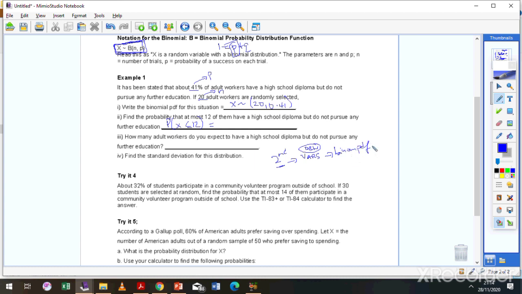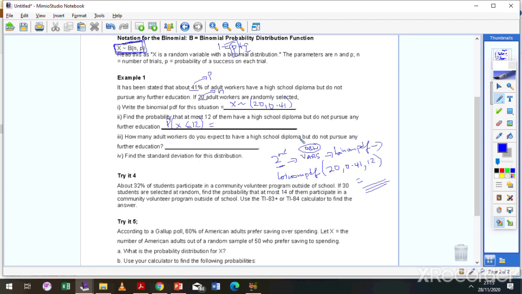If you push that, hit enter, it brings you to a screen that says binomial PDF, open brackets, then you put in the number of trials, which is 20, put in the probability of a success, 0.41, and then put in this number 12. It will give you the answer to that probability. If you have a question about this, please refer to the next video on the next classroom post.